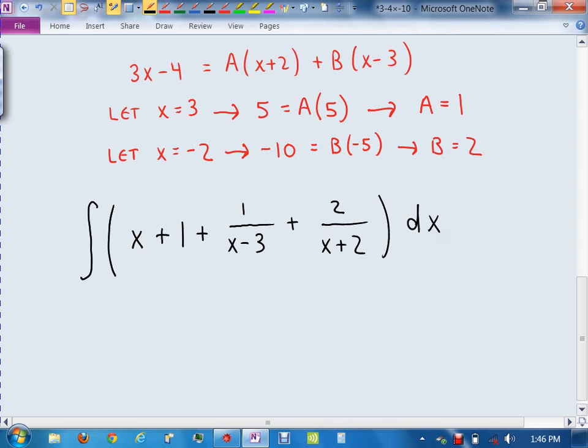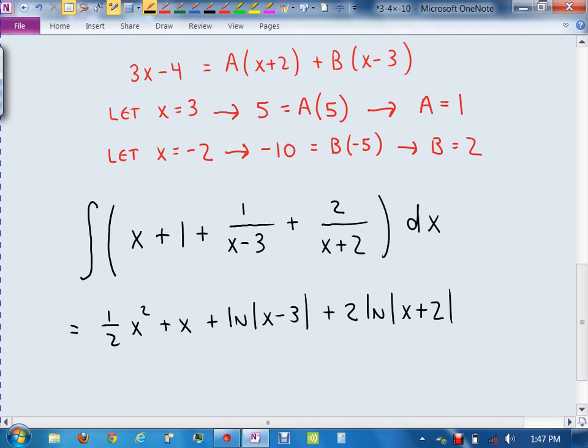Everyone okay with that? The x plus 1 came from our long division, and then this is how we decomposed that polynomial using partial fractions. And that integration should be straightforward. 1/2 x squared plus x plus natural log of absolute value of x minus 3, plus 2 natural log of absolute value of x plus 2, plus C. That's it.